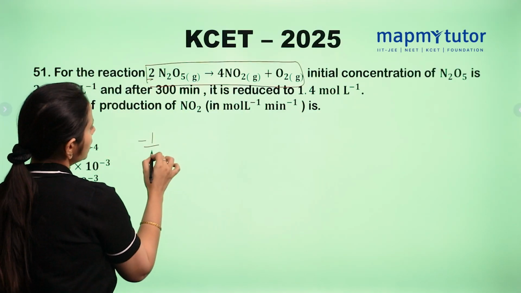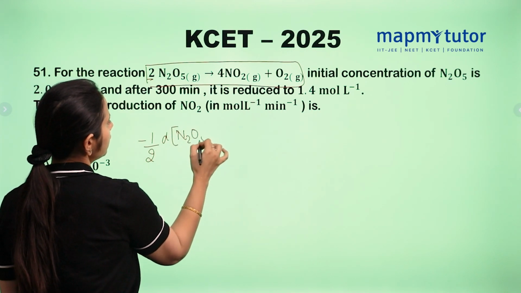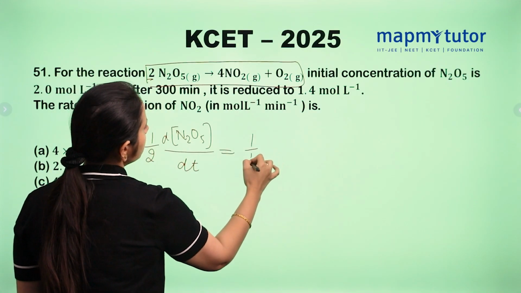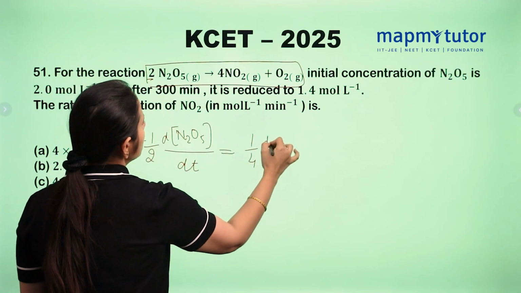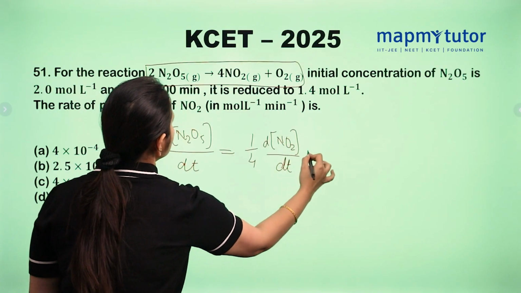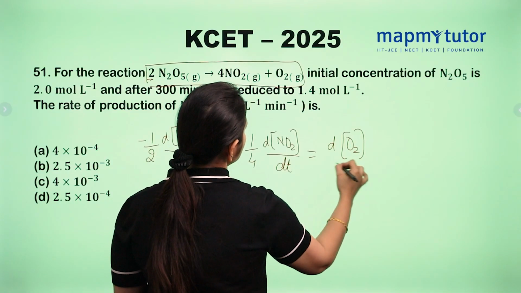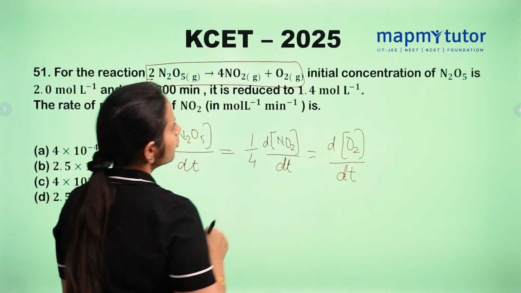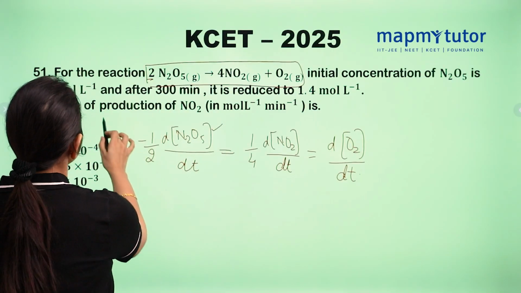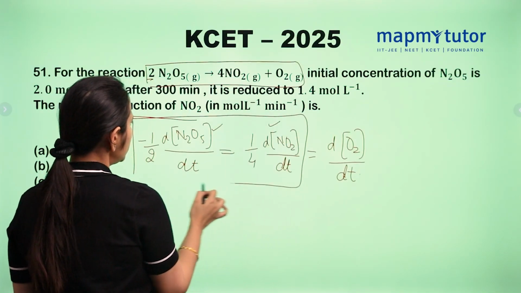And for this stoichiometry, we will write minus 1 by 2 dN2O5 by dt is equal to, for the product side, we will use plus sign 1 by 4 dNO2 by dt is equal to dO2 by dt. He has provided the initial concentration of N2O5 and we need to calculate the rate of production of NO2. So we will consider these two terms only.